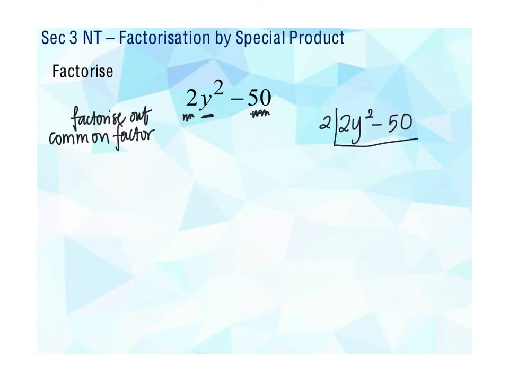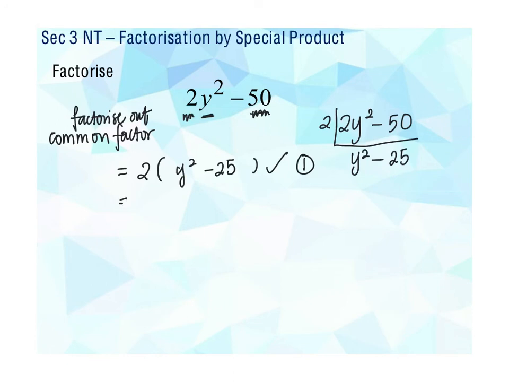So 2y squared divided by 2 will give me y squared. Minus 50 divided by 2 will give me 25. So our first step, we will be able to get 2 bracket y squared minus 25. If you are not able to do the second step, at least you must do this step, and this is worth 1 mark.